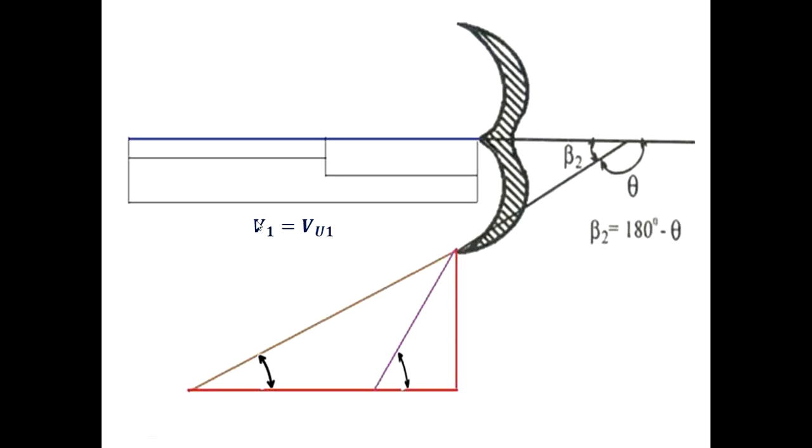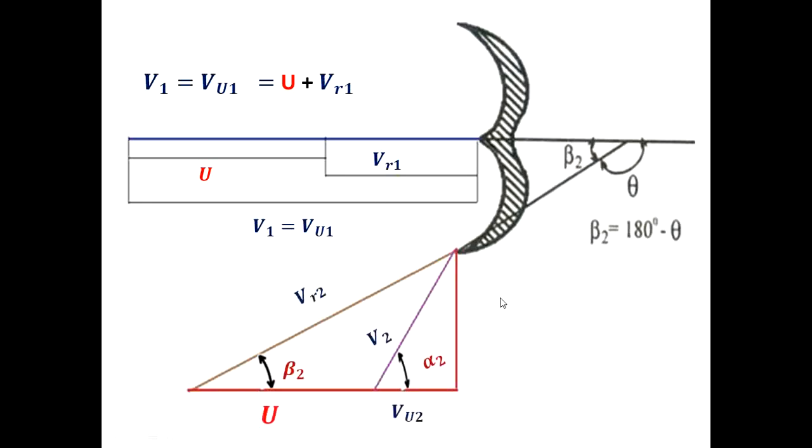So the tangential velocity will be vu1, which is equal to the absolute velocity. Then the blade speed will be u, and the relative velocity is vr1. Therefore v1 is equal to vu1, which is equal to u plus vr1. You observe this carefully.